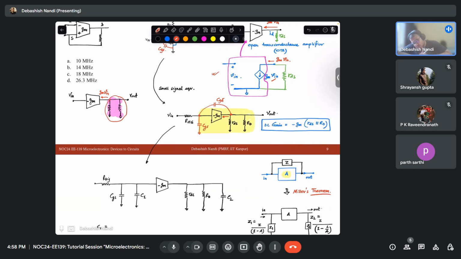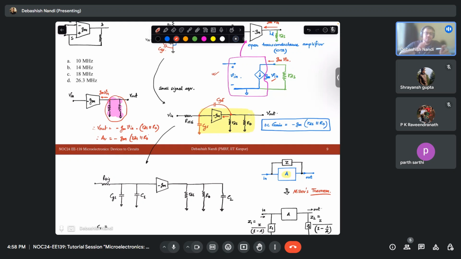So my V out will be simply the current times this equivalent resistance, that is RDS parallel RD. So simply now, if you put V out down, your AV will be minus GM times RDS parallel RD.